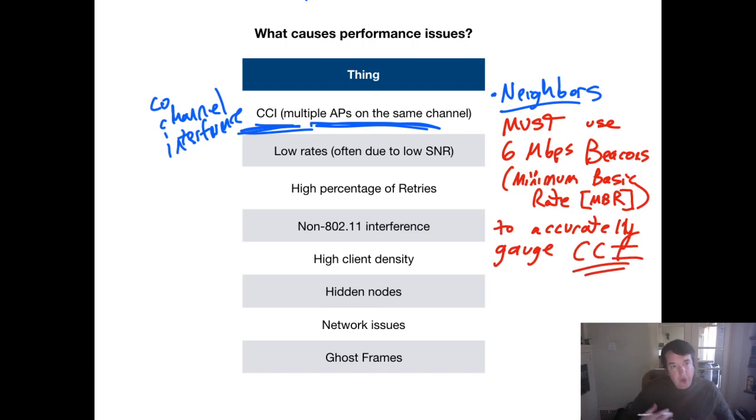Okay. We don't have the ability to accurately identify whether CCI could be an issue if we're not using the 6 megabits per second rate. And the reason for that is because of the ghost frame issue.